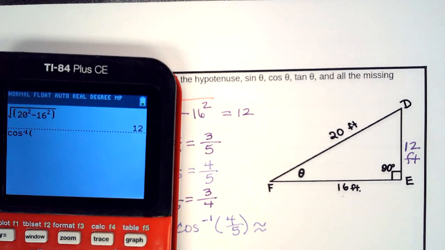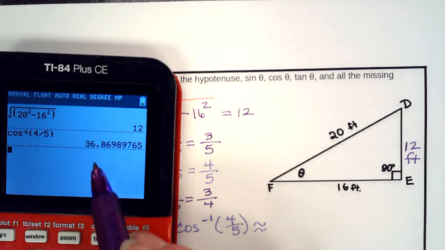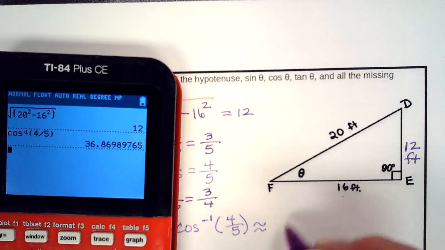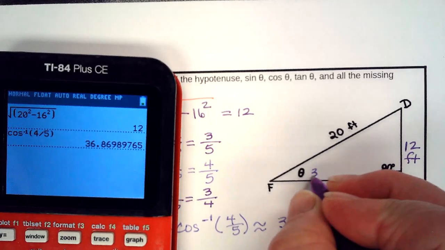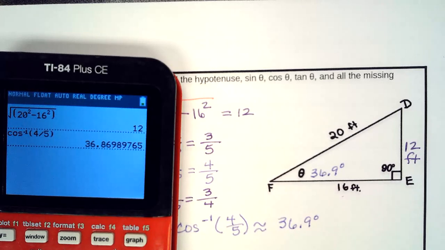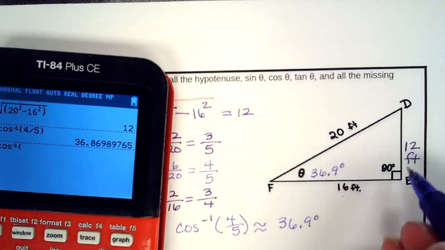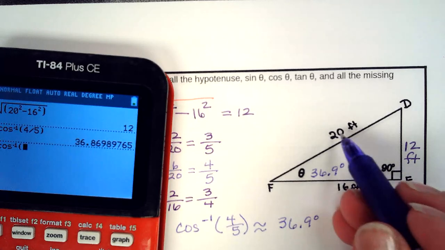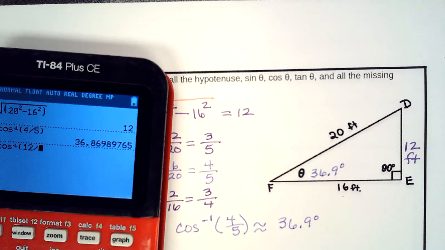Second, cosine. 4 divided by 5, close it off, and I get about 36.9. Okay, to find the last one, I can do cosine inverse again and use the 12 over 20, and get 53.1.